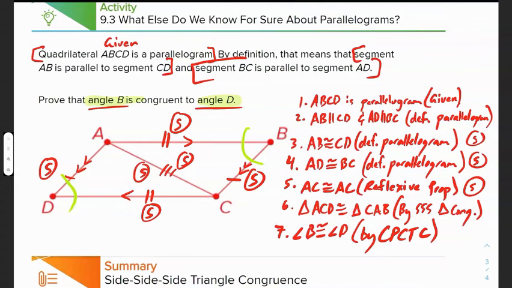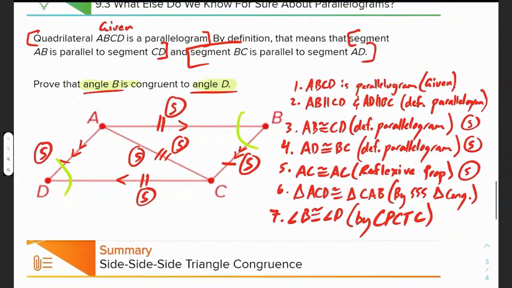So first things first, what parts do we have to compare the two triangles, right? And we ended up getting 3 sides. That's side, side, side triangle congruency. That proves that these two triangles are congruent. Therefore, all their parts have to be congruent, and the parts that we're trying to prove were congruent are angle B and angle D. Done.